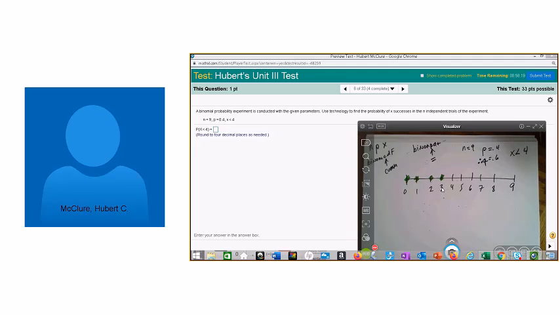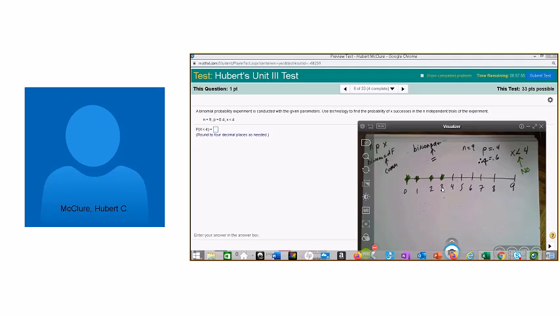Do I include 4? Yes or no? I need somebody to answer yes or no. Do I include 4? No. Do I include 4? No, you do not include 4, Hubert, because that's not an equal sign.